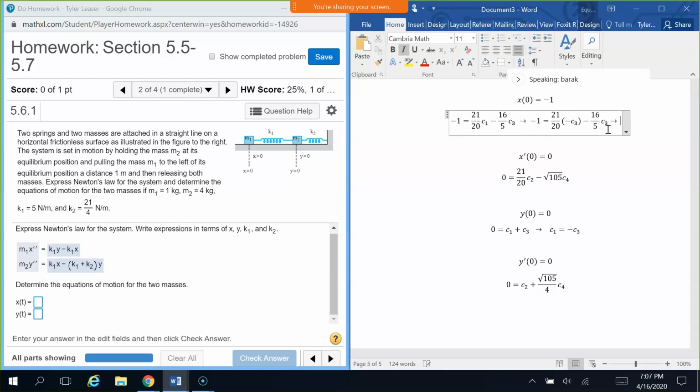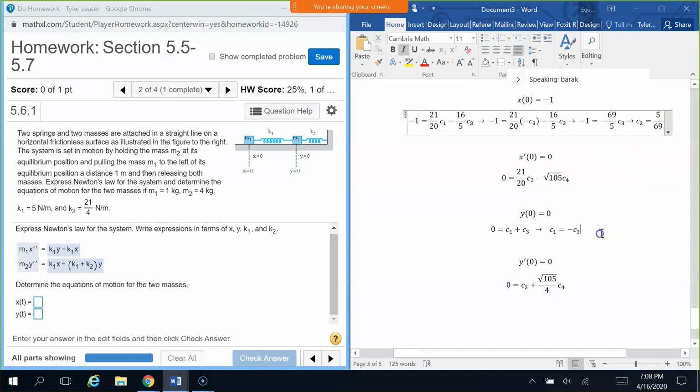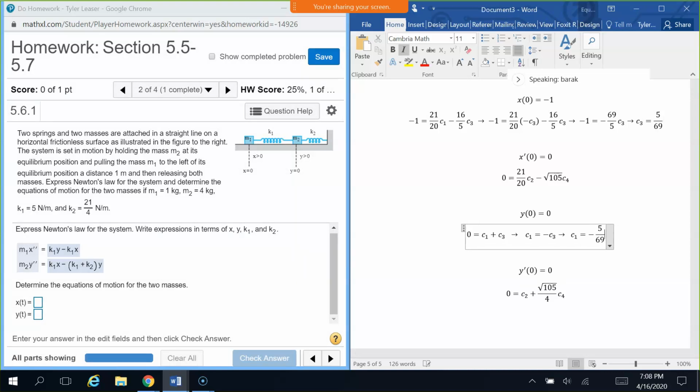All right, combining those together, that's going to be -1 on the left, negative 69/5 C3 on the right, which says that C3 has to equal 5/69. Great. Which means that C1 is equal to negative 5/69. Okay.